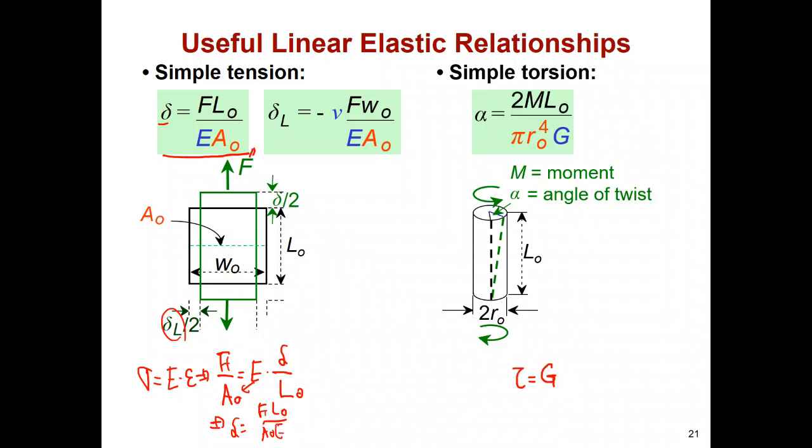The torsion shear stress is proportional to the shear strain, multiplied by the shear modulus, and the cross-section area is A0. The shear force can be defined like this.